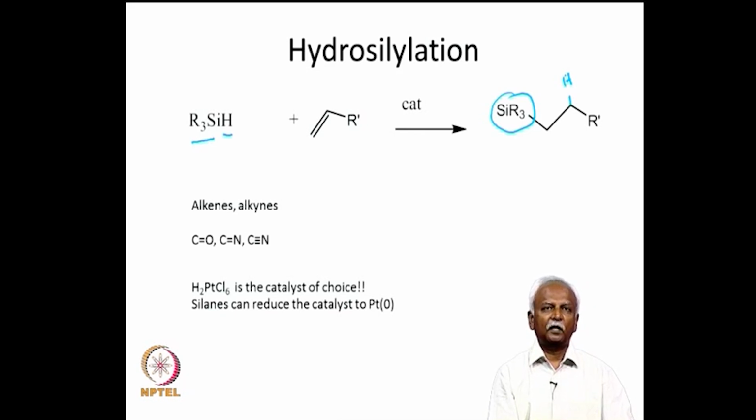You can do this reaction with alkynes, alkenes, carbonyls and Schiff bases and so on, and even nitriles. And for all these cases, it turns out that platinum is the best catalyst.